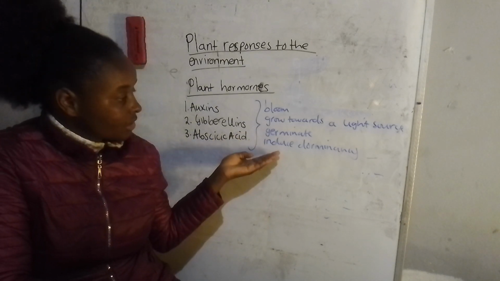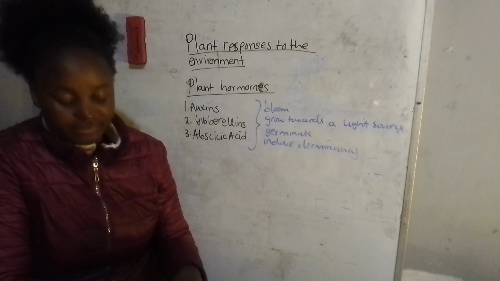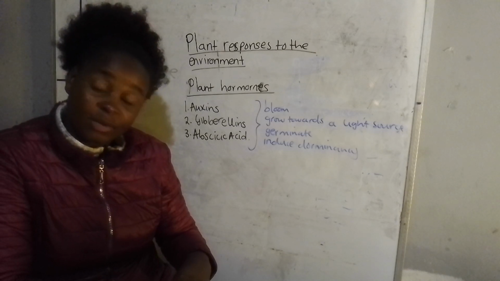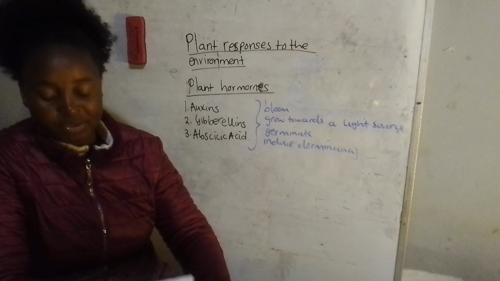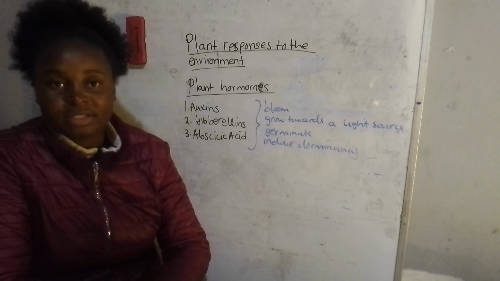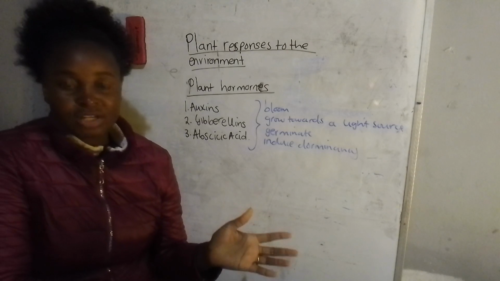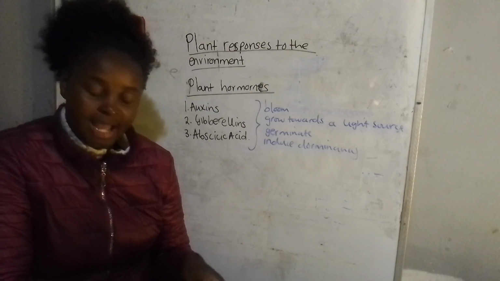They also induce dormancy in plants at the appropriate time. We have times where plants can act as if they are dead, waiting for the proper conditions for them to germinate, or for the proper conditions for them to start producing fruits. So the three hormones that we are looking at are the auxins, gibberellin, and abscisic acid.